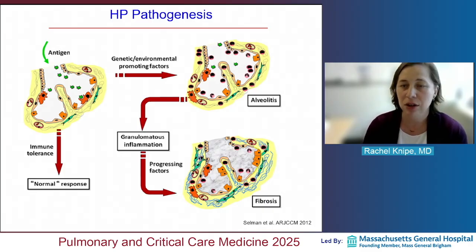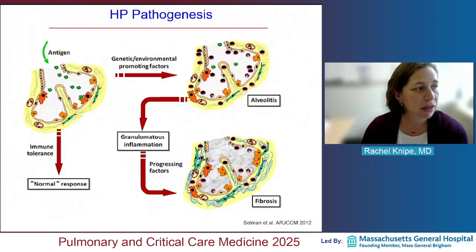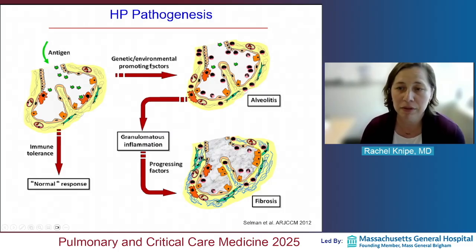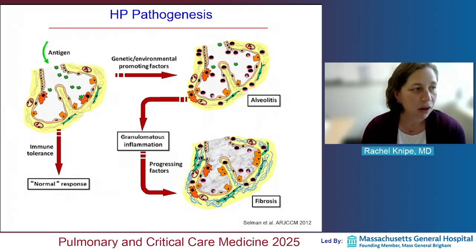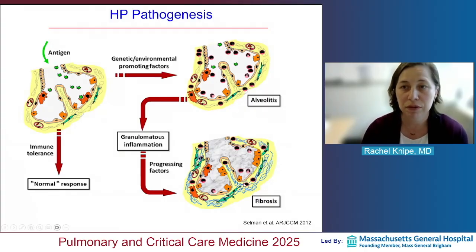They clear that antigen or they develop tolerance to it. But in some predisposed individuals with either genetic or environmental promoting factors, we believe, there's an antigen-specific lack of tolerance. And instead, the immune system gets activated. We get inflammation, including granuloma formation, influx of immune cells, and in some cases, ultimately, the progression to fibrotic scarring of the lungs.